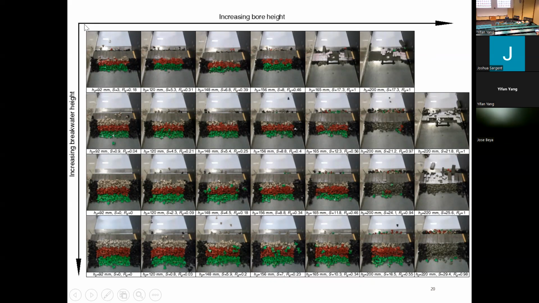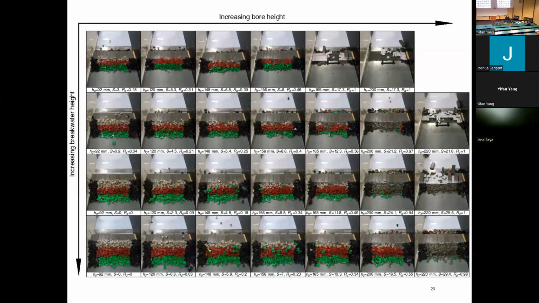And vertically, from top to bottom, is increasing breakwater height. So when breakwater height increases, the damage becomes smaller. And also we can observe that first the damage occurs in the armor layer, and then the underlayer, and after that the blocks behind the armor units.